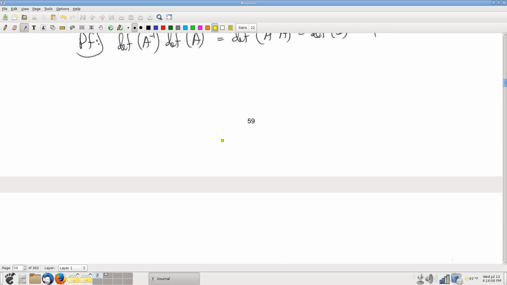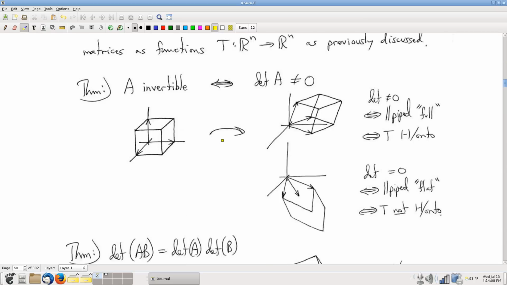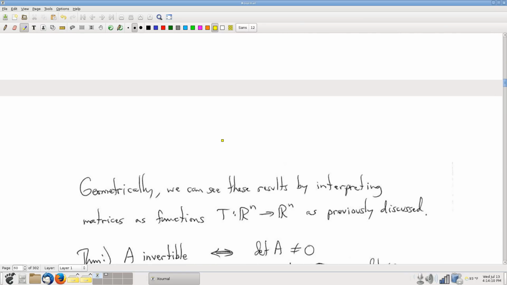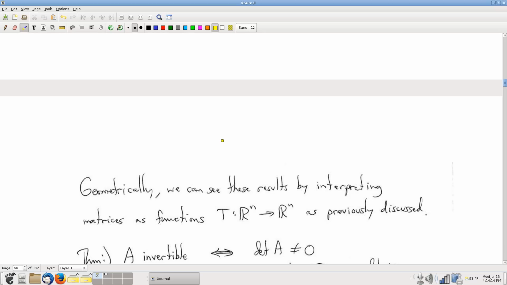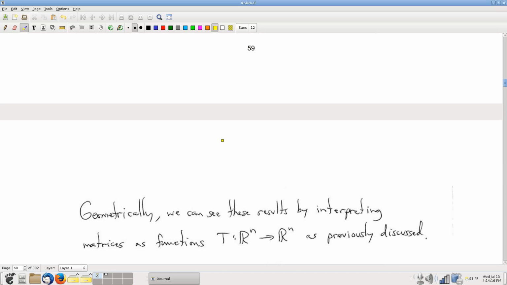Okay, so we're going to take some geometric points of view on these facts here, and before we get into that, there's a reminder that I need to make for students. This is material that should have been covered in your single variable calculus course, but I have become aware over the years that not every course covers this following idea, and that is of what it means for a function to be invertible and what the conditions are for a function to be invertible.